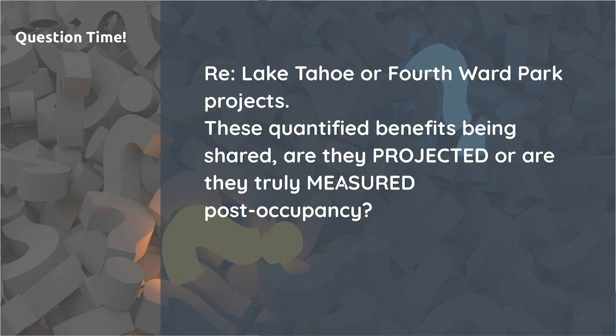Okay, and then I think those two questions were brought in around the time that you were talking about the Lake Tahoe Park Avenue project and the Fourth Ward Park project. Do you know if those benefits in particular were projected or measured? Yeah, for Historic Fourth Ward Park, that team was located nearby, so they did a lot of site visits.